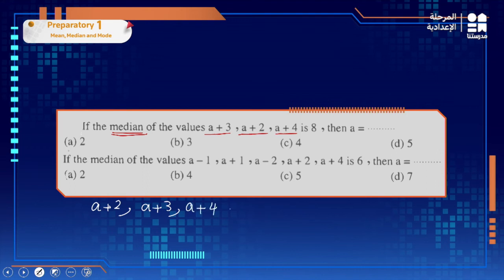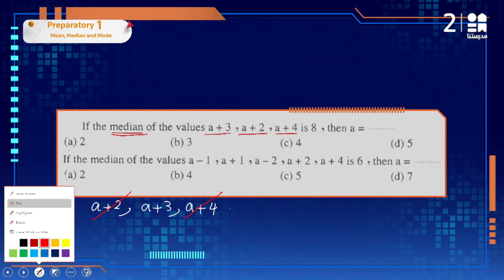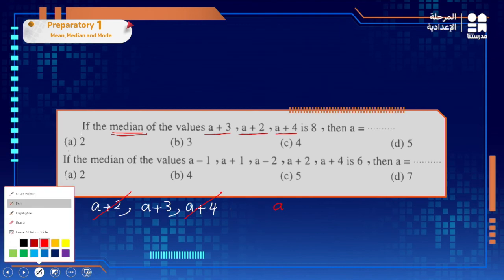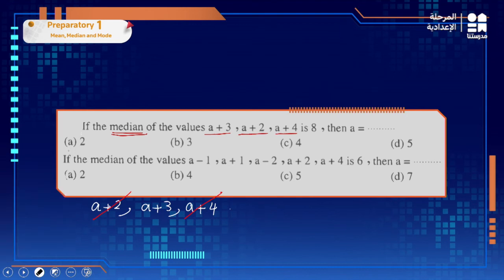And we cancel left and right. The median is 8, so I'm going to write an equation: a plus 3 equals 8.